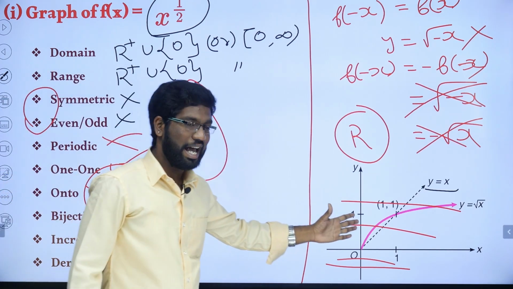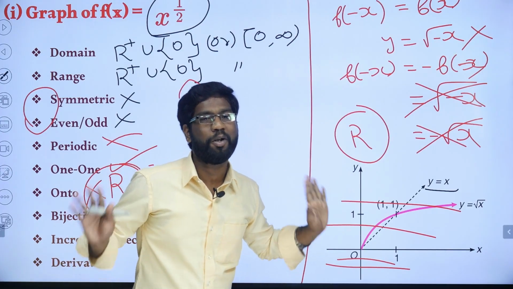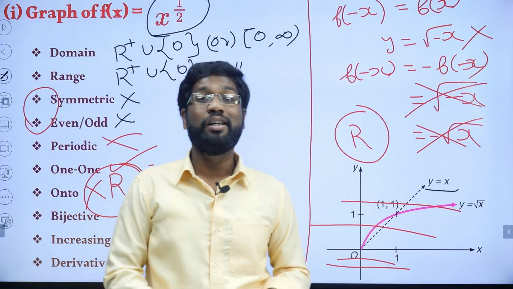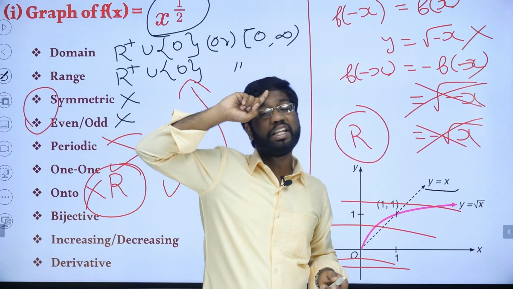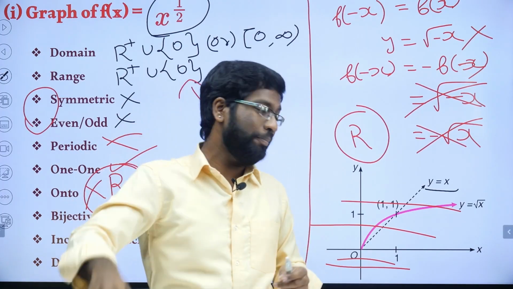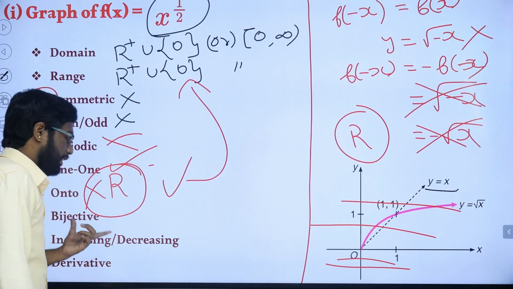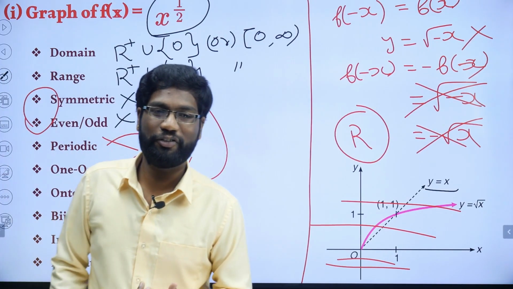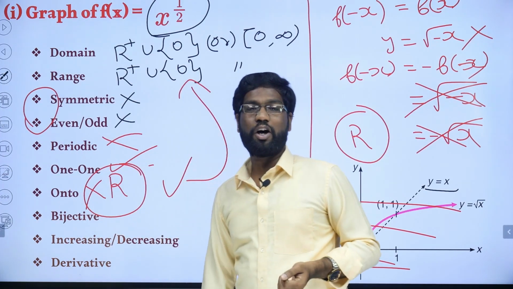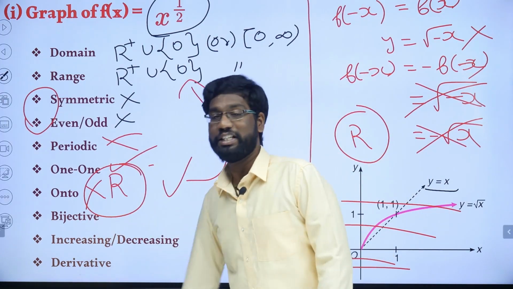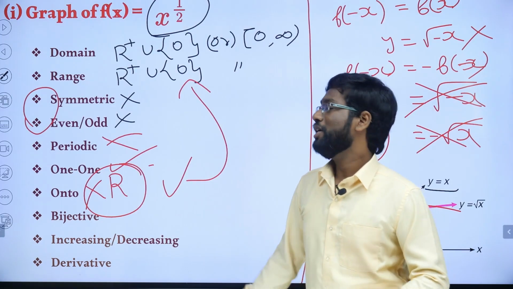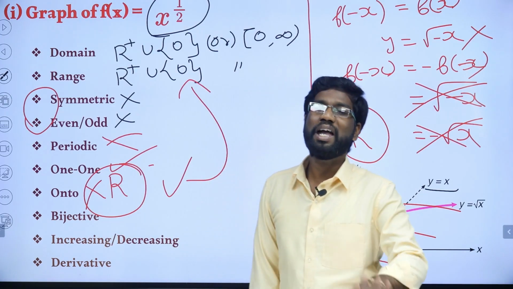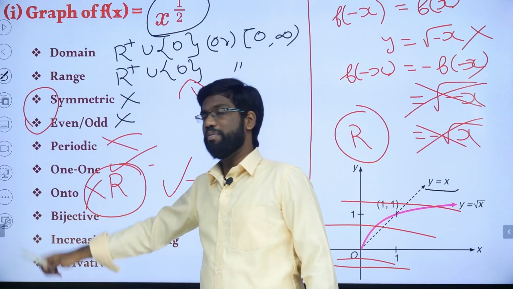So whether a function is onto differs by codomain; be very careful with onto functions. Then a bijective function, as I said before, is both one-to-one and onto. But here onto may or may not hold, so bijective may or may not hold.